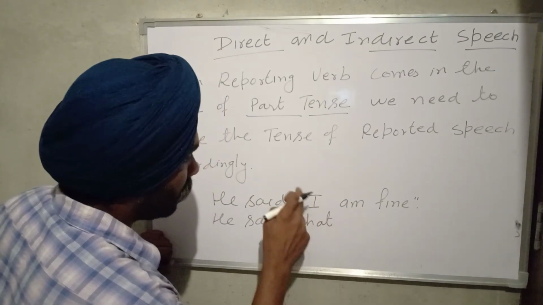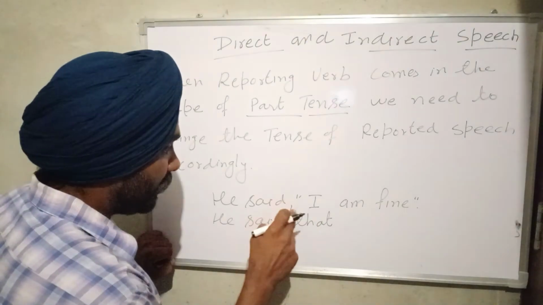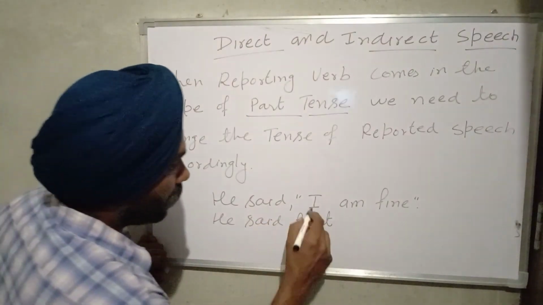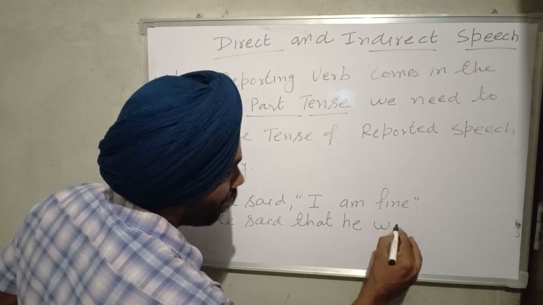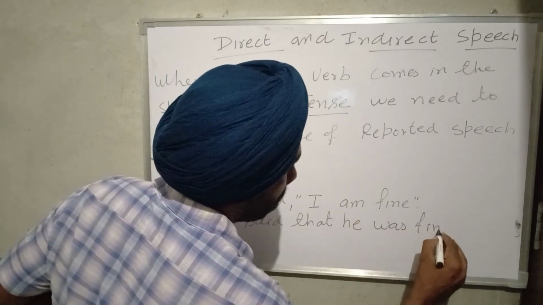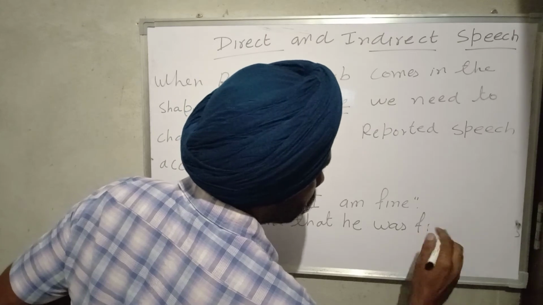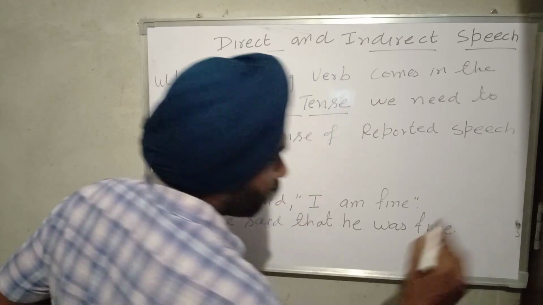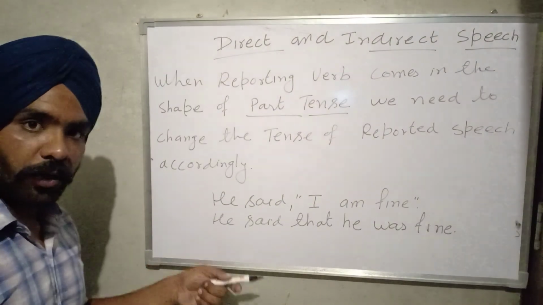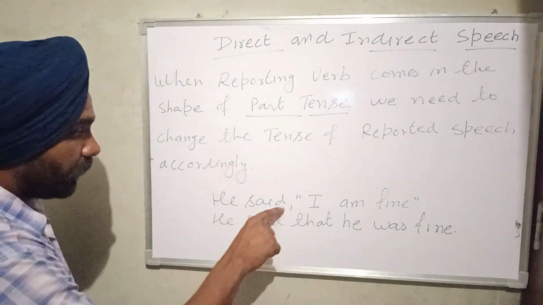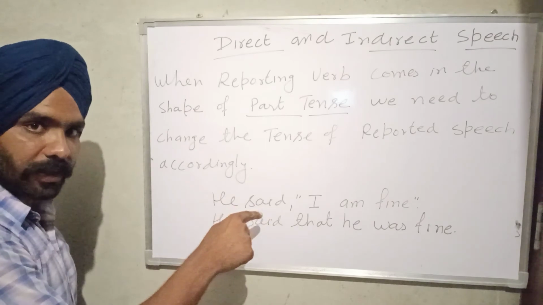That comes in the place of inverted commas. "I" changes into "he", "am" changes to "was", fine. So these are the changes we need to make when our reporting verb is in the past tense.